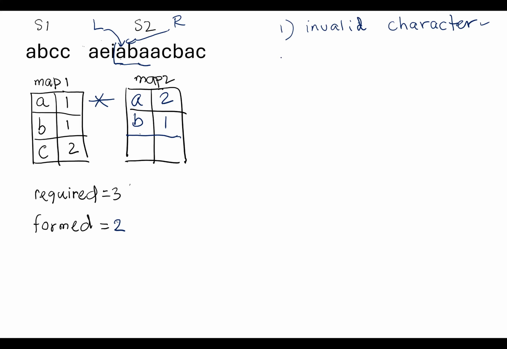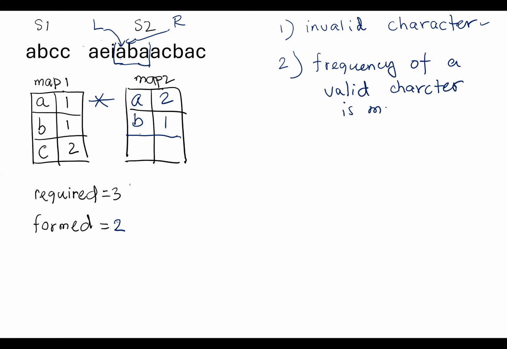So that is the second way of a sliding window becoming invalid: the frequency of a valid character in map 2 is more than the frequency in map 1. So we can't afford 2 A's, and again we say that it's invalid.